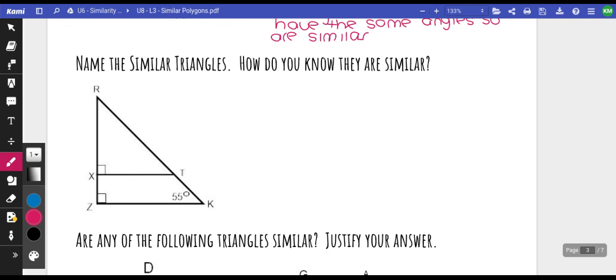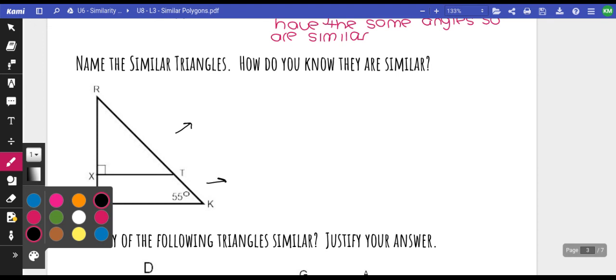Check this guy out. There are 2 triangles here. They are just overlapped. If we were to split them up and rewrite them, you would have that little guy, RXT. You should be writing this.